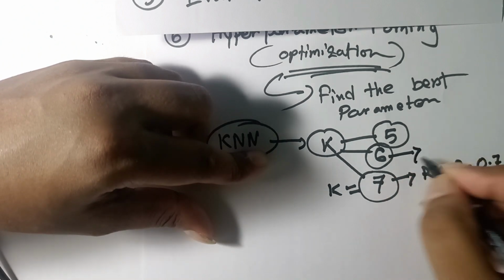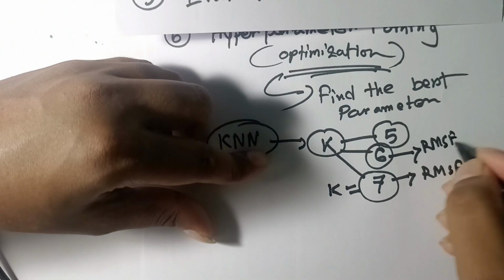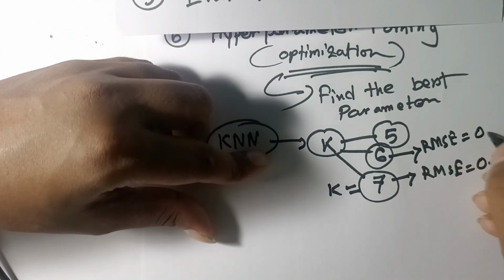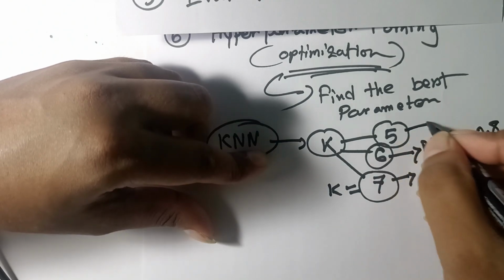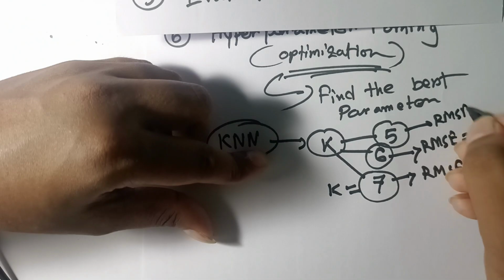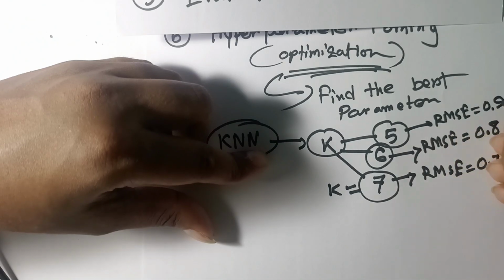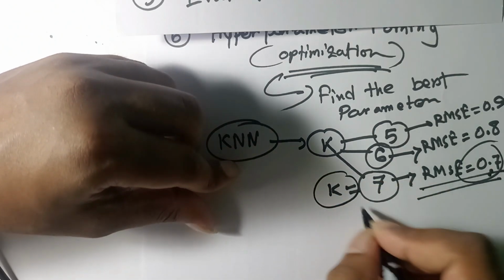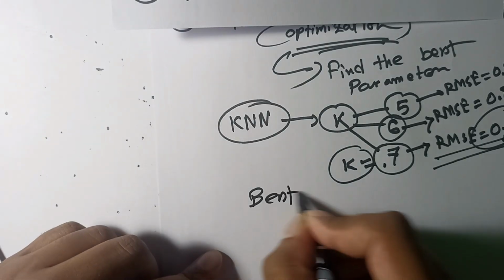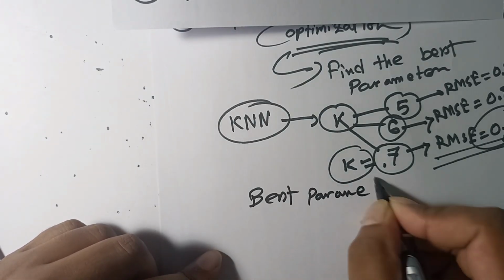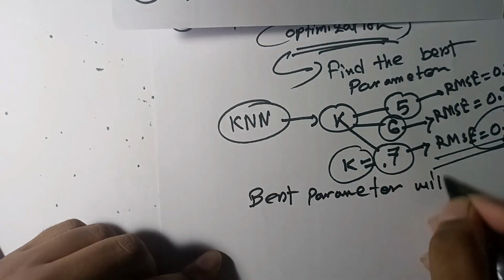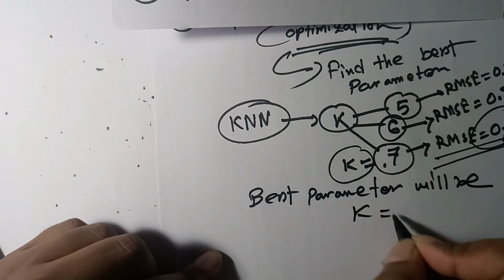For 6, the RMSE is 0.8. For 5, the RMSE is 0.9. The lowest RMSE, 0.7, comes through the parameter K when it is 7. So our best parameter will be K equal to 7.